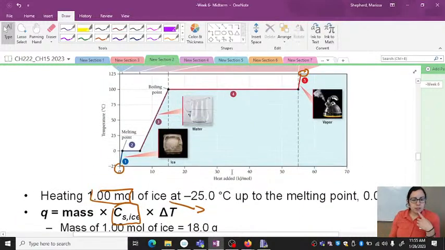So that brings us to our melting point. And so now we're at the melting point. So that means we need, what value do we need for this? What do we say we needed for our state changes?